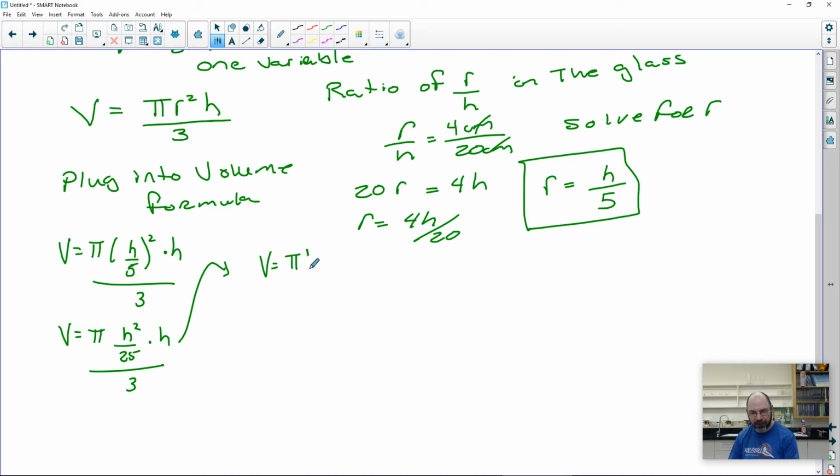Pi h cubed all over 25, again divided by 3. So if we want to do that into 1, divided by 3 is like multiplying by a third, so it's going to be pi h cubed over 75 for that particular glass.